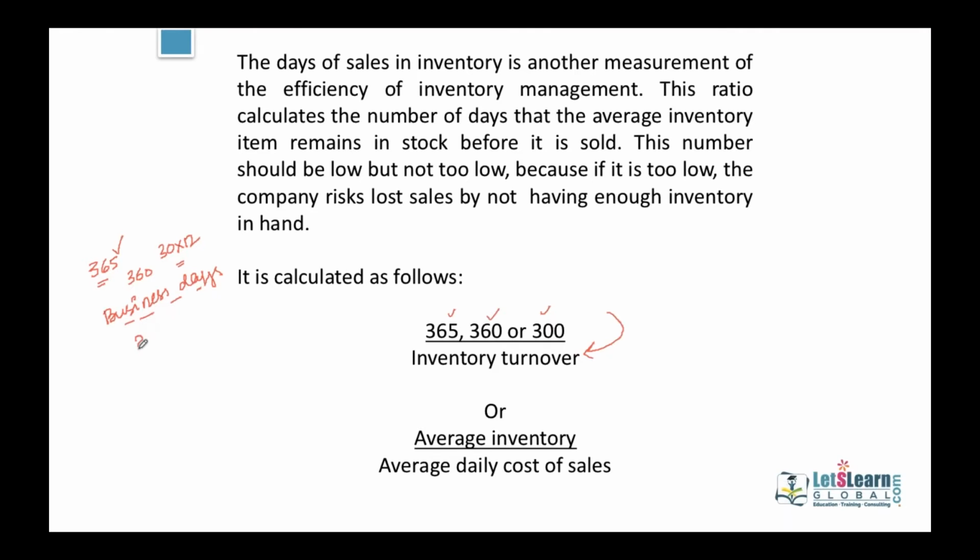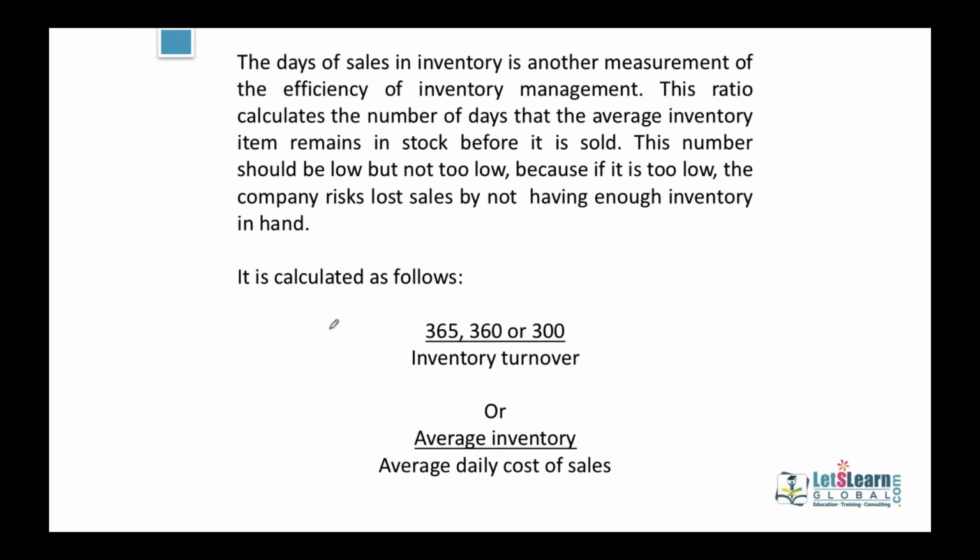So on average, business days means we expect 25 days a month times 12, that is 300. When you use business days, the ratio will be lower as compared to the other ratios. Why? Because the numerator is less as compared to 365.